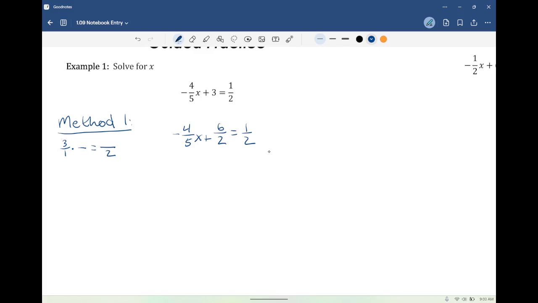Well then this has to be a 2, right? Because 1 times 2 is the only thing to get us to 2. When I do that, whatever the denominator is, the numerator has to match it. So if this denominator is 2, this numerator also has to be 2. And so I'm going to get 3 times 2 for 6, for 6 over 2. Move on.